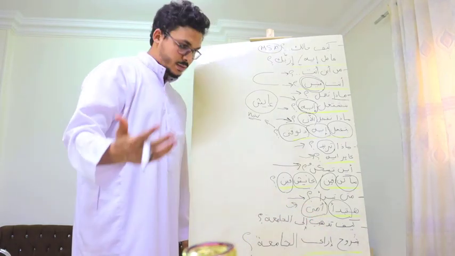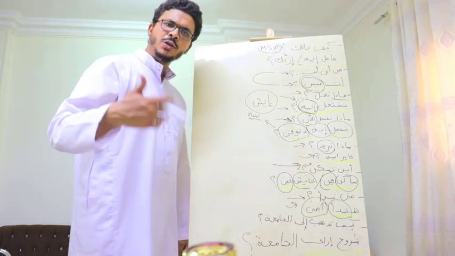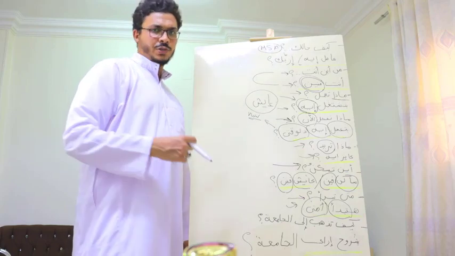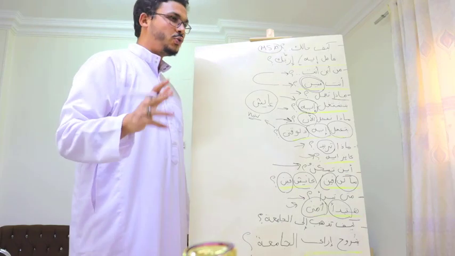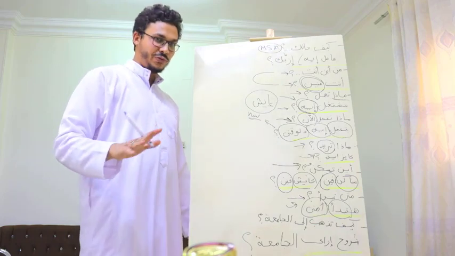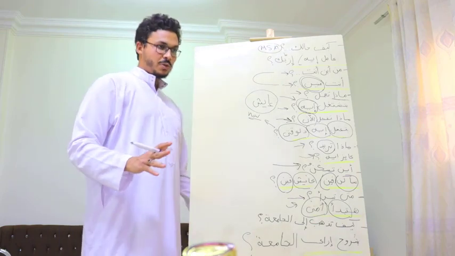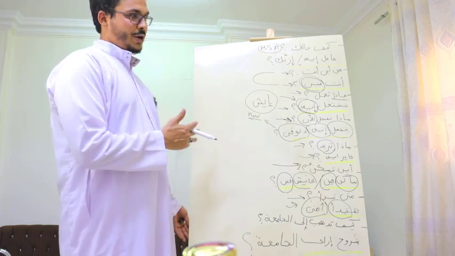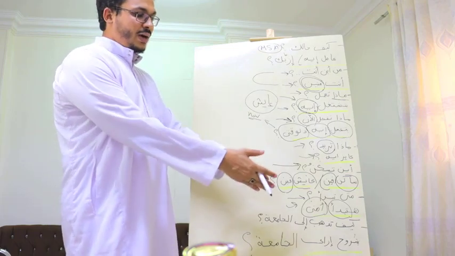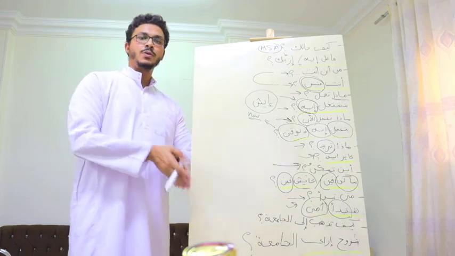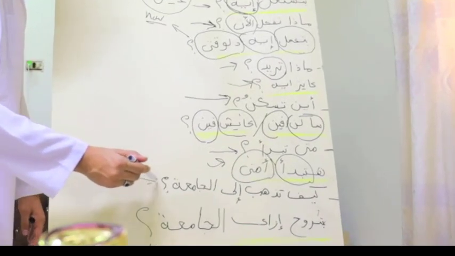How do you ask? How do you go to the university? And in this phrase, you're gonna know something maybe new for you, but it's a very common difference. That's the most common difference between Egyptian Arabic and Standard Arabic. كيف تذهب إلى الجامعة? How do you go to the university?